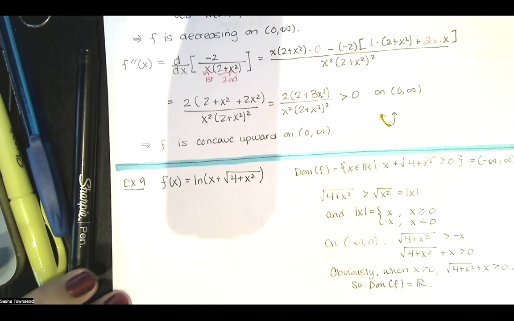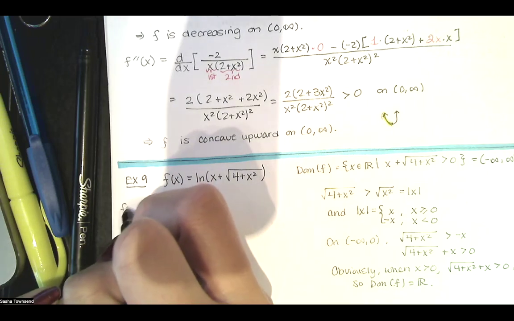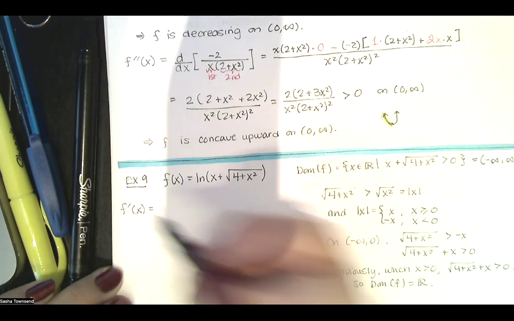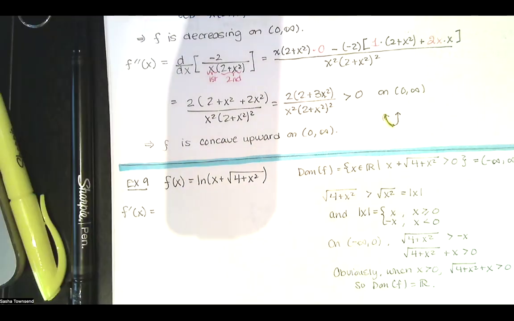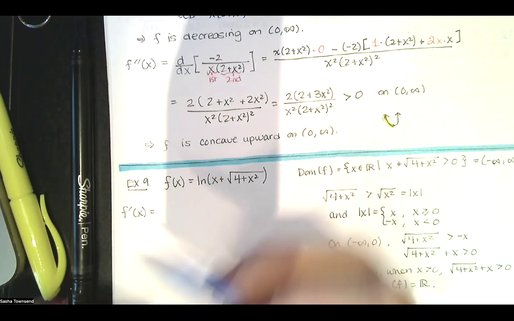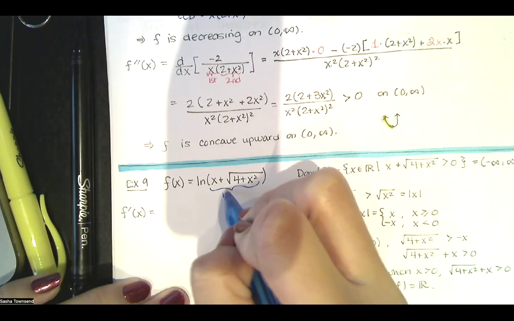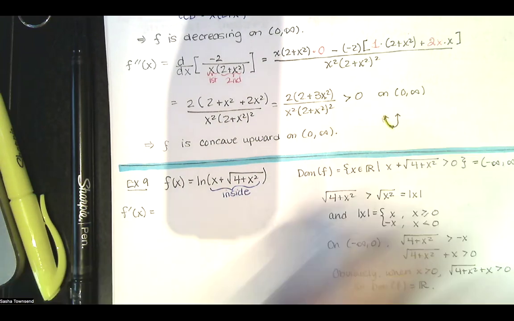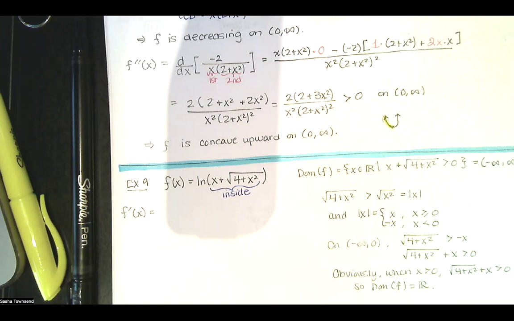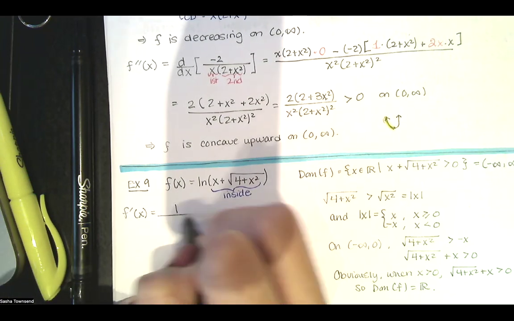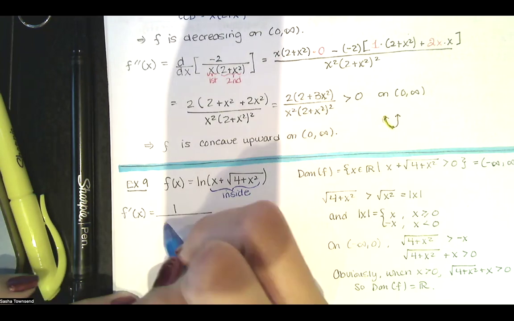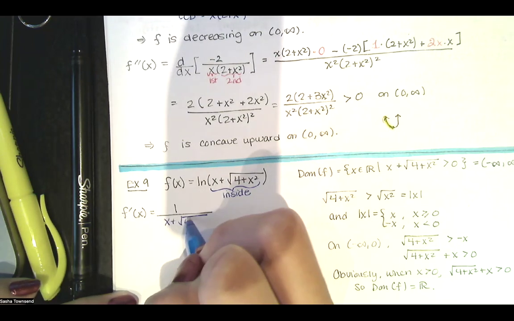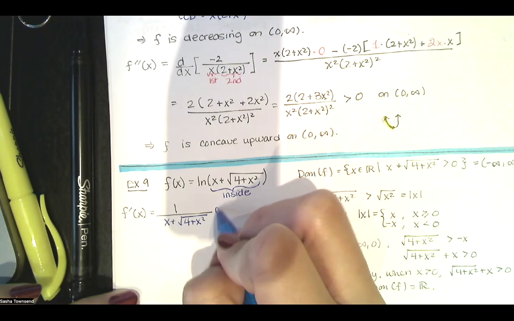All right. Now, when I compute the derivative of this, I'm going to use the chain rule. So I've got the log of a function. The derivative of the log of a function is 1 divided by that function by the chain rule, times the derivative of the inside, also by the chain rule.